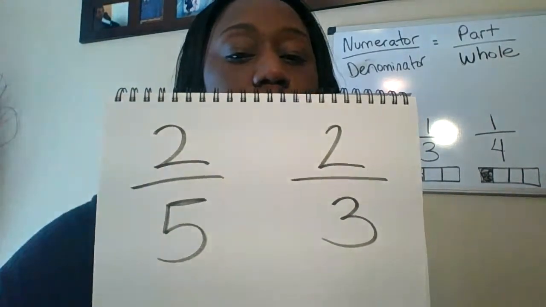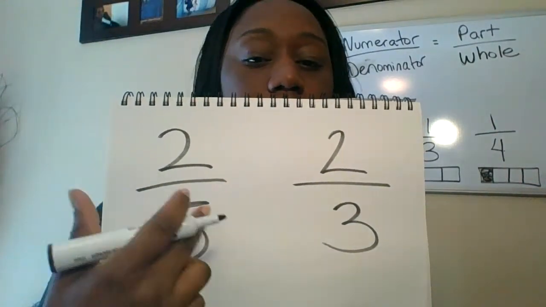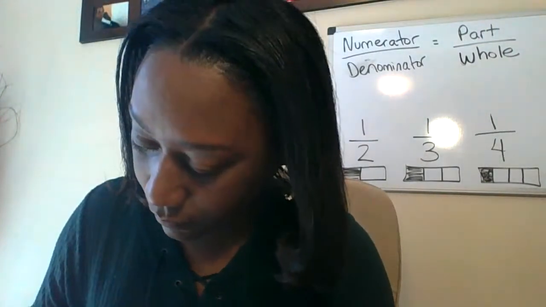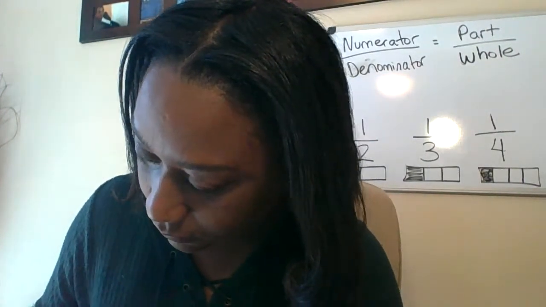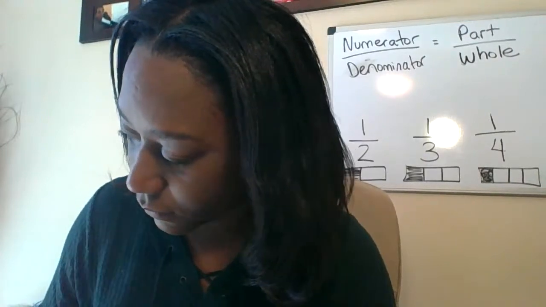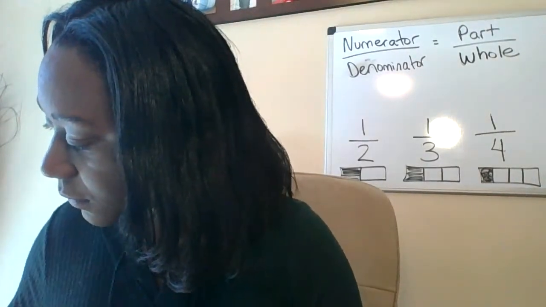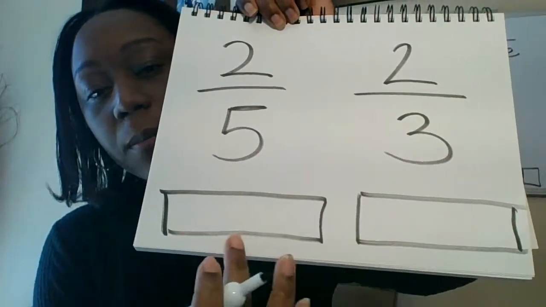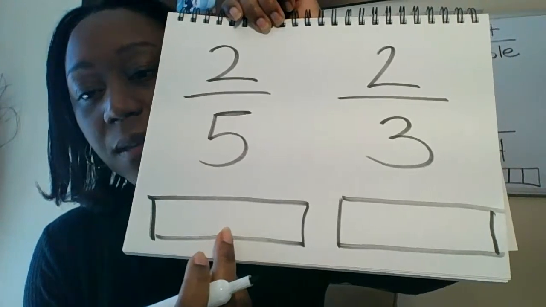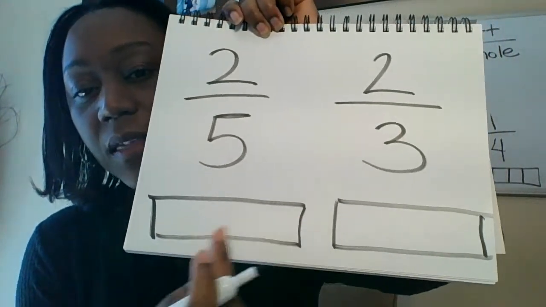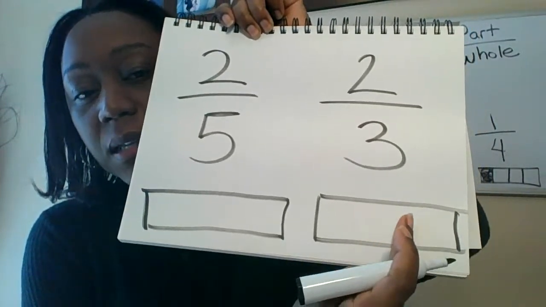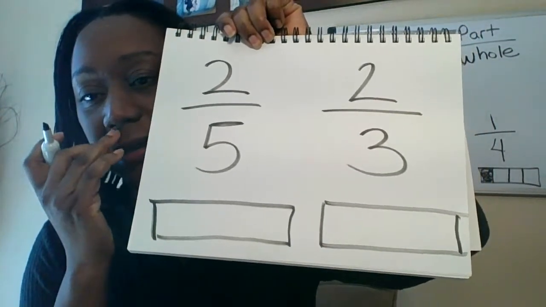Remember, we don't want to go with the number that's bigger because that doesn't necessarily mean bigger. Same size here, we're going to compare. This one, I have to break into 5 pieces, and then I can get 2 slices. This one, I have to break into 3 pieces, and then I can get 2 slices.